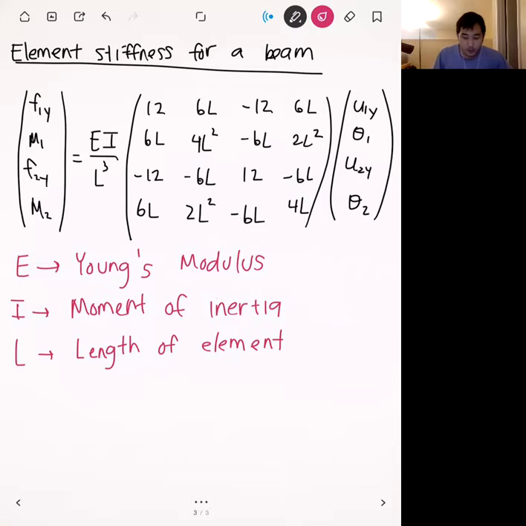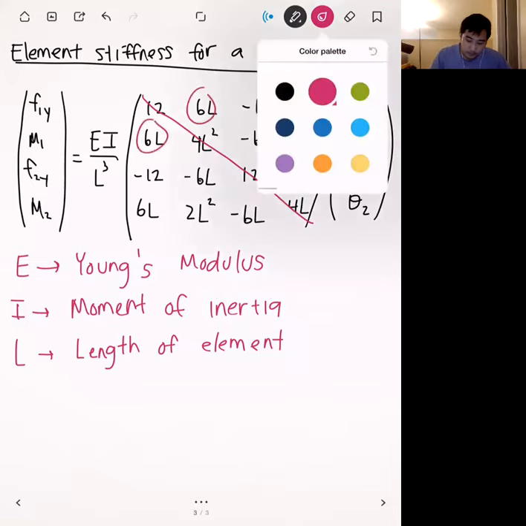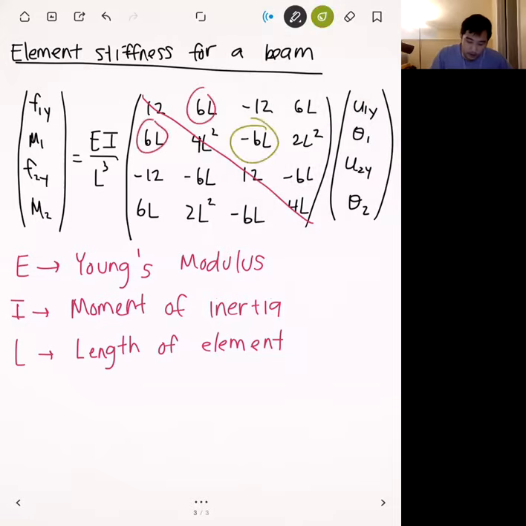The first one that I always do is I draw a line on my element stiffness matrix like that, and I check to see if my matrix is symmetrical across that line. So you should have the same values in these two slots.